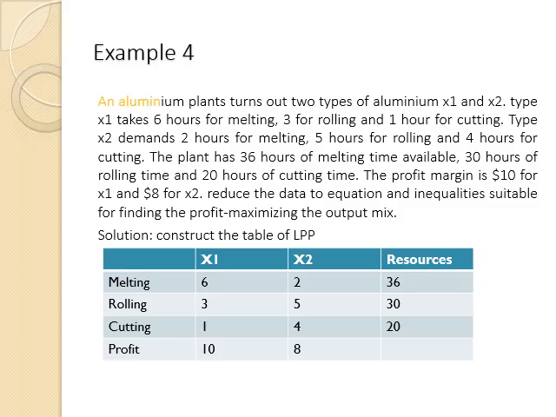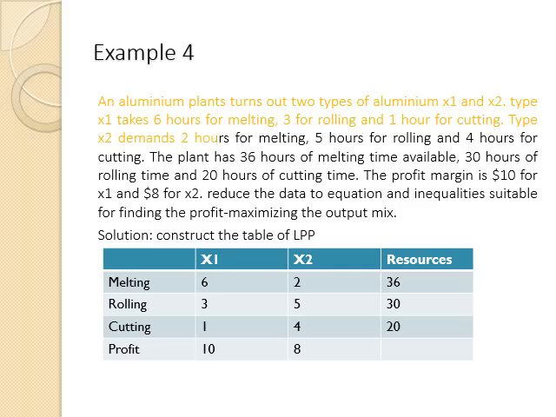Example 4. An aluminium plant turns out 2 types of aluminium, x1 and x2. Type x1 takes 6 hours for melting, 3 hours for rolling, and 1 hour for cutting. Type x2 demands 2 hours for melting, 5 hours for rolling, and 4 hours for cutting.